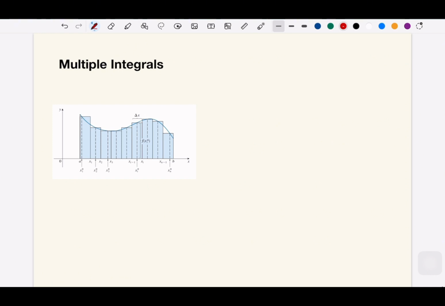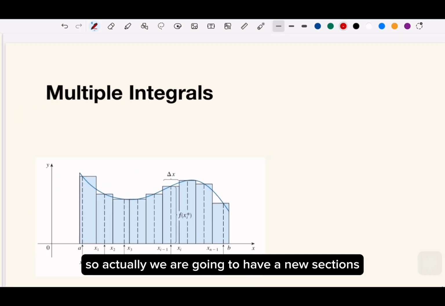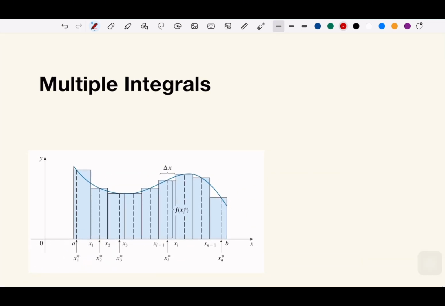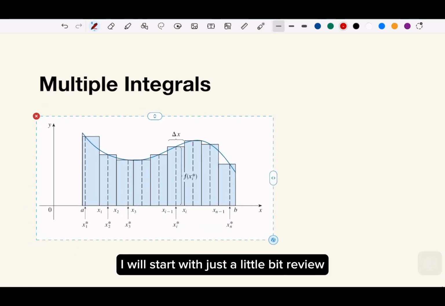So actually we are going to have a new section today, a new chapter, the multiple integrals. I will start with just a little bit of review.